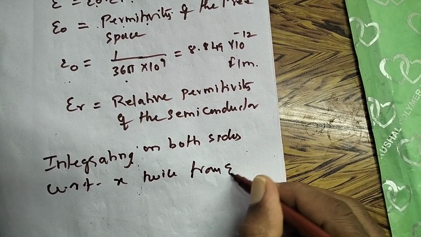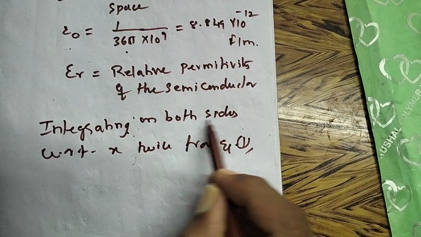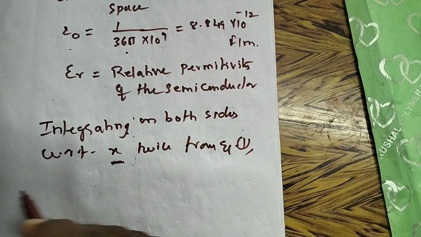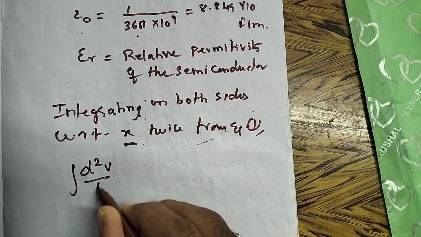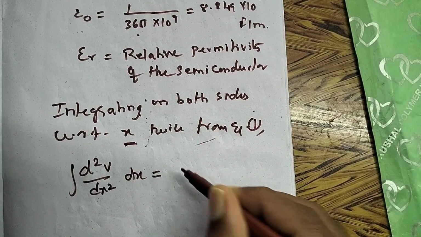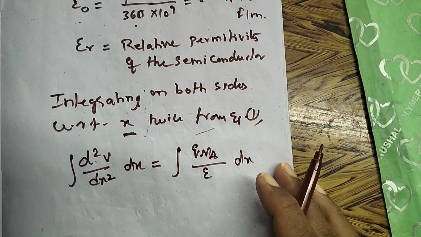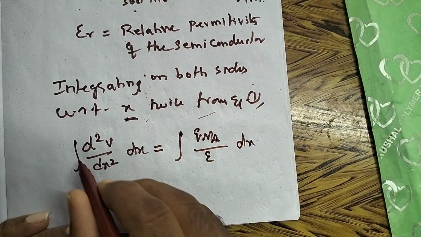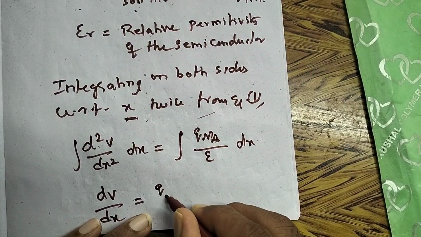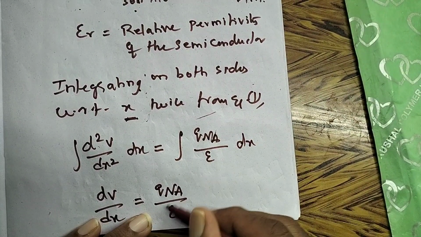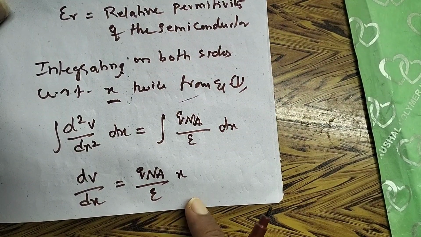Integral of d square V by dx square dx equals integral of q Na divided by epsilon dx. After one integration, we get dV by dx equals q Na by epsilon times x.